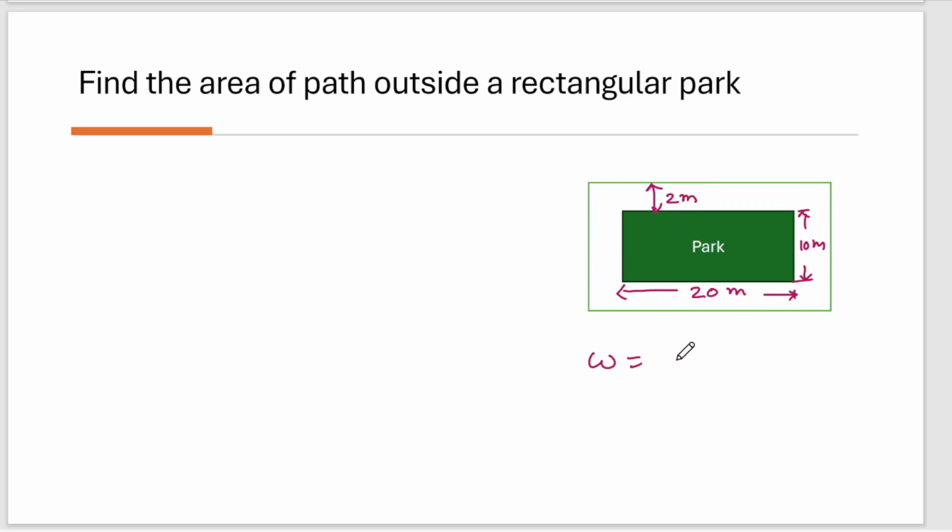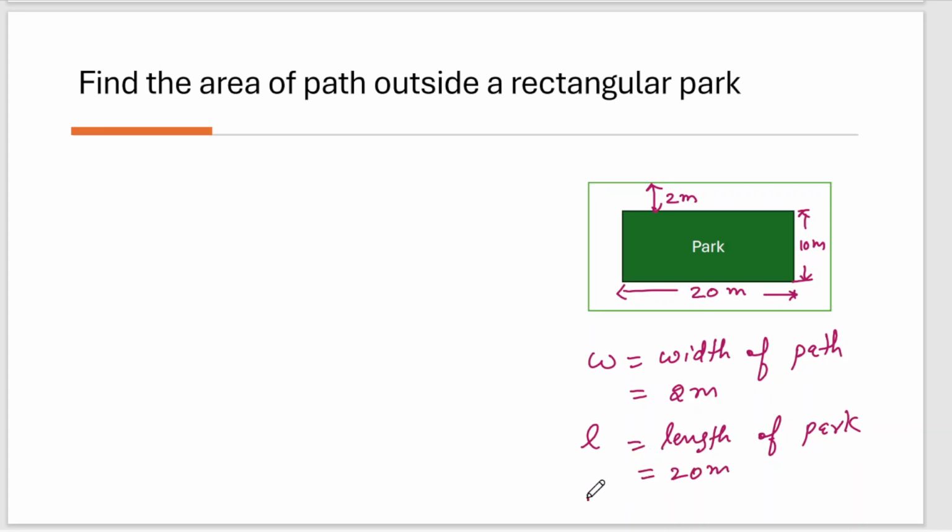W is equal to the width of the path, and that is 2 meter. L is the length of the park, given as 20 meter, and B is the breadth of the park, given as 10 meter.